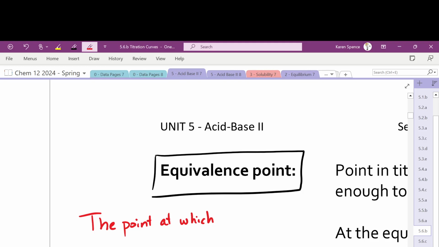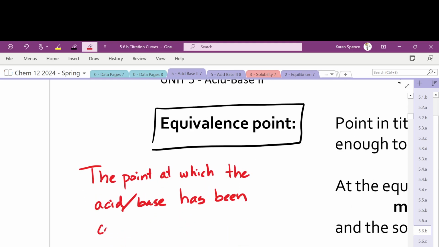The point at which the acid/base has been completely neutralized.